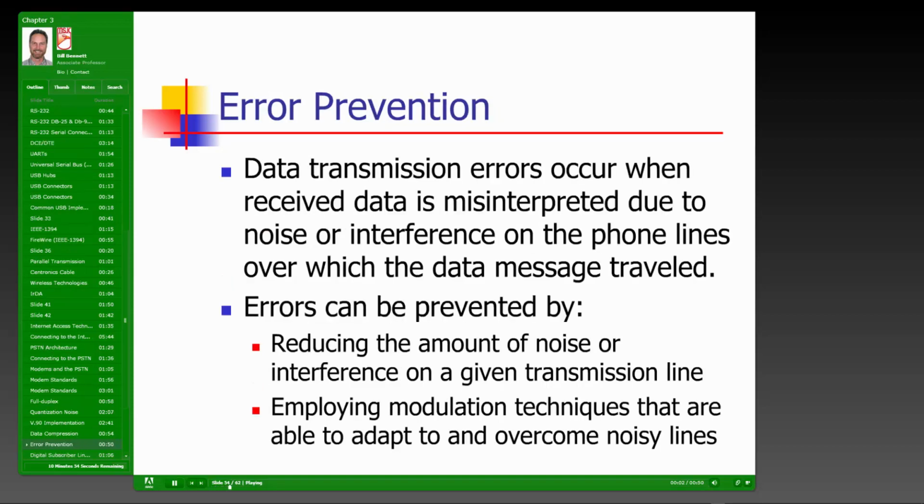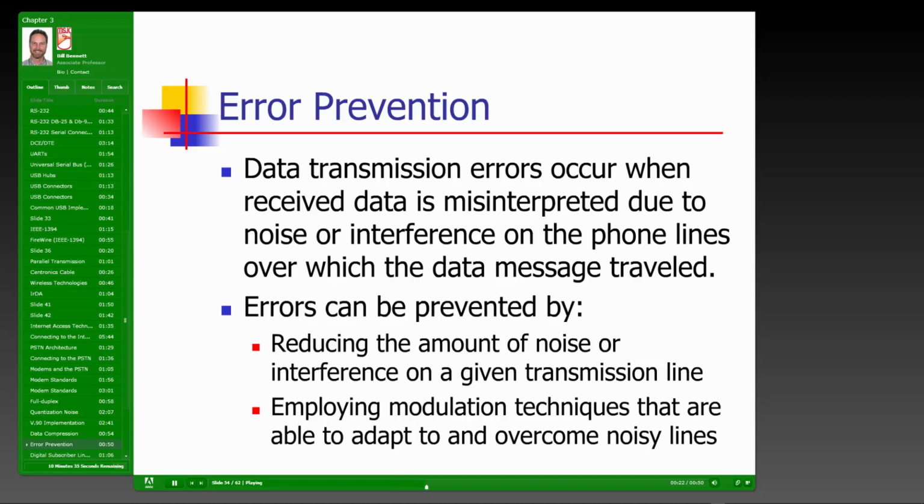And so just a reminder that another way to increase data throughput is through error prevention. Error prevention, remember, is preventing errors from occurring. And when errors occur, the data is being misinterpreted due to noise or interference on the phone lines over which the data message has traveled.